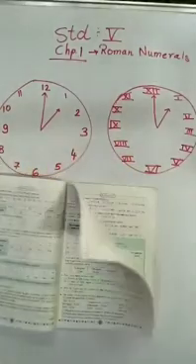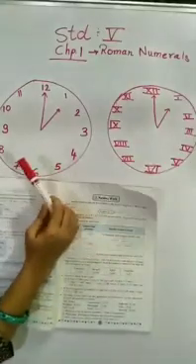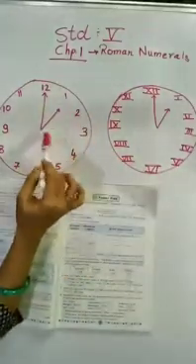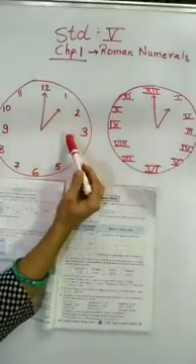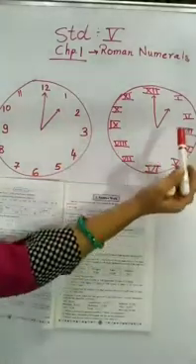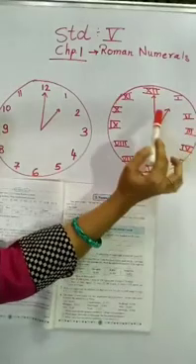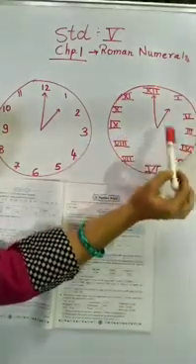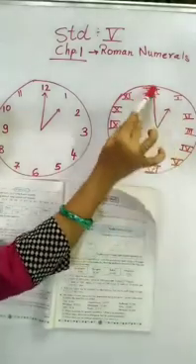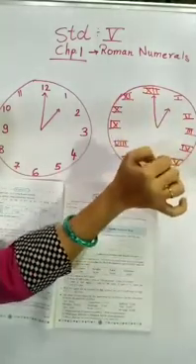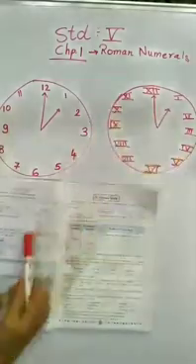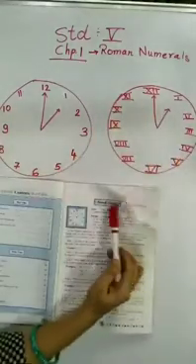Can you identify the difference between the two? In the first clock, the numbers are given in international numerals, and in the second clock they are given in English alphabet letters. Can you see here it is X, I, V. This is called Roman numerals. Today we will study Roman numerals.